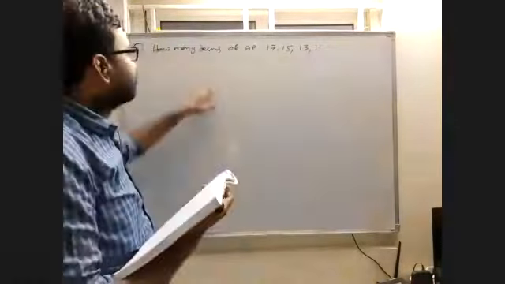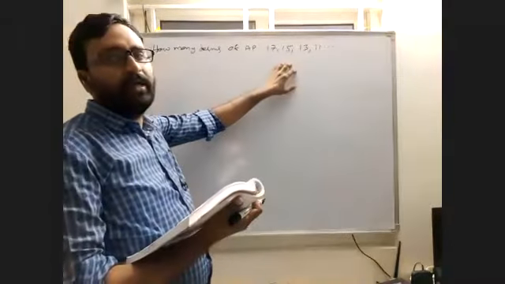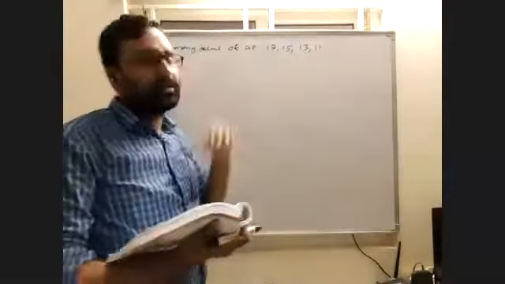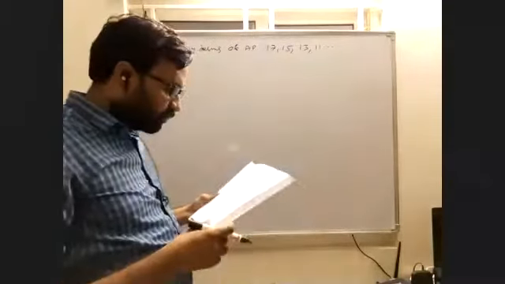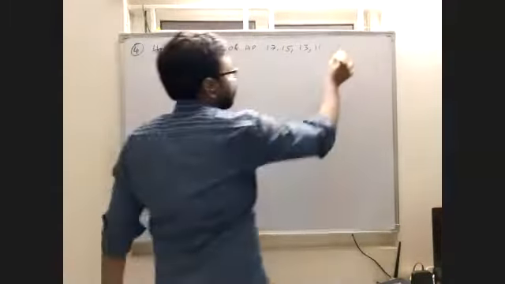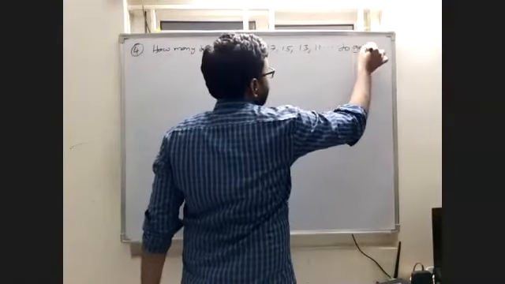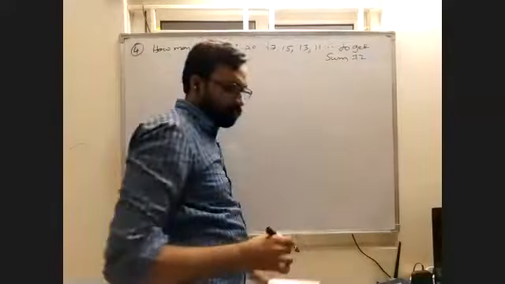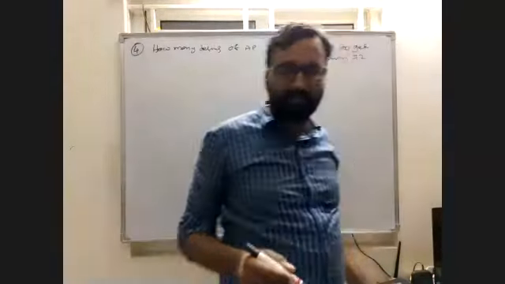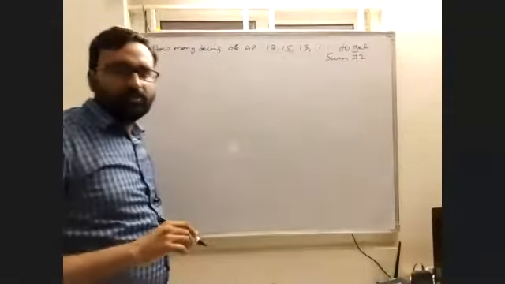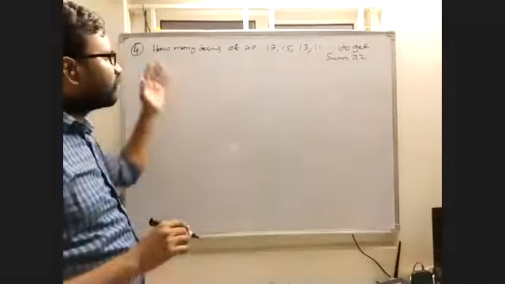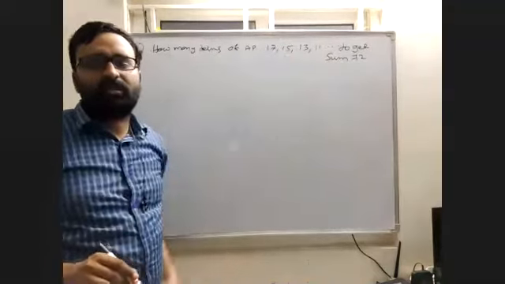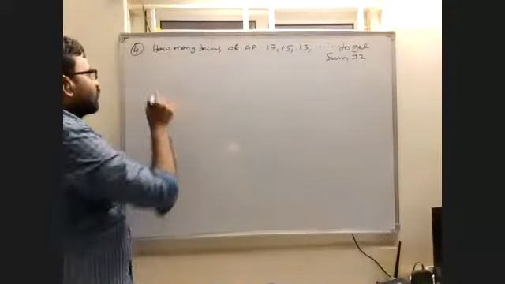How many terms of this AP? We are not given the number of terms. He is asking how many terms of this AP are needed to get the sum 72. Same as the previous question, but a little bit different. To get the sum of all numbers as 72, how many numbers do you have to take in this AP series?